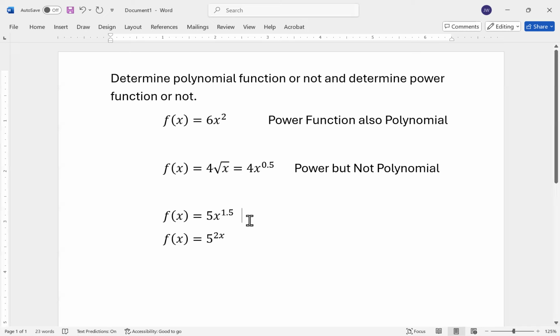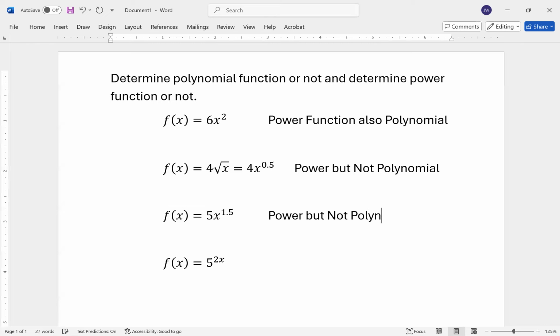And this third function works the exact same way. We have constant times x to the 1.5 power. So that fits the power function, but it is not a polynomial function because our exponent is 1.5, and 1.5 is not a whole number.